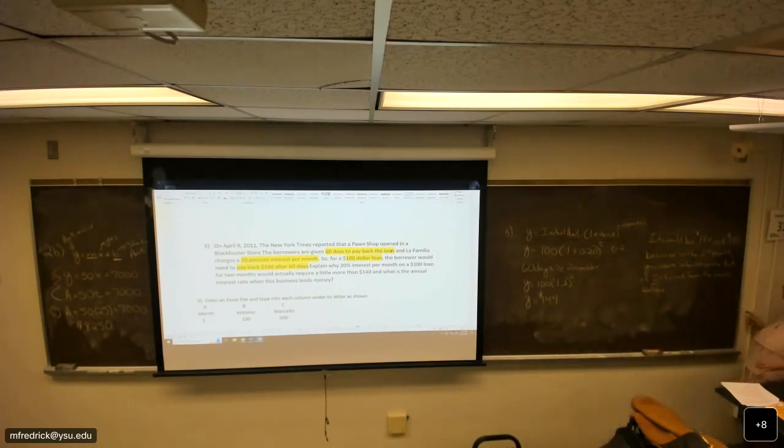It would be 144, not 140, because in the second month, you owe interest on the amount of interest from the month before. Yeah, so something like that. So the interest is compounded.